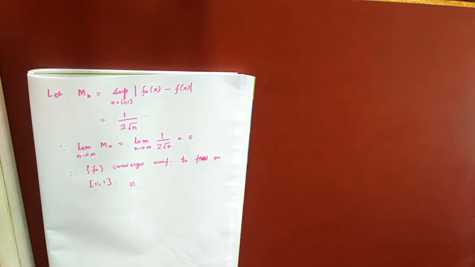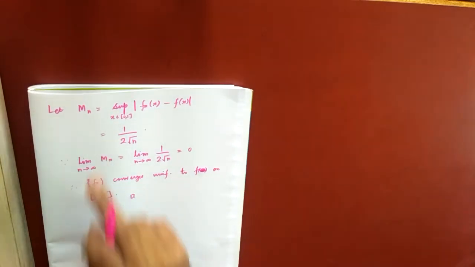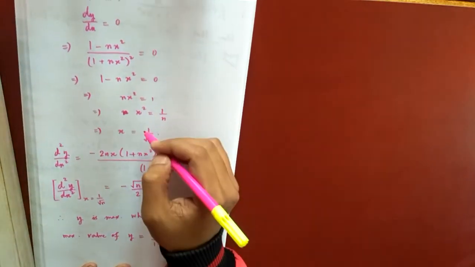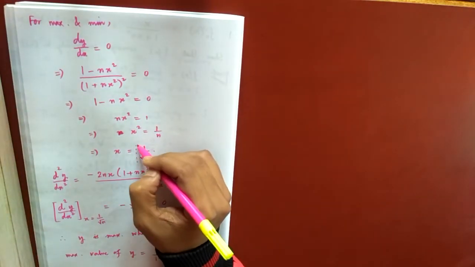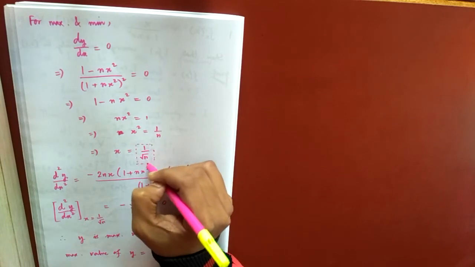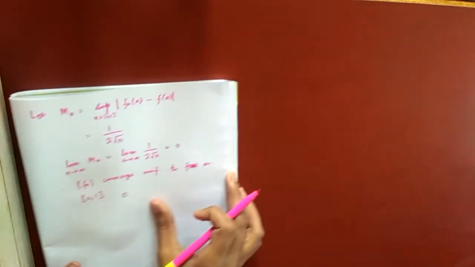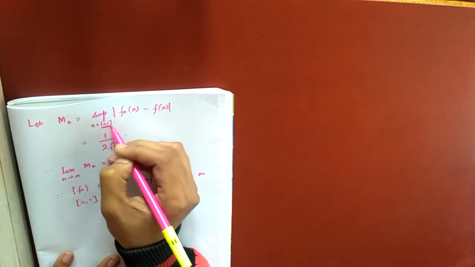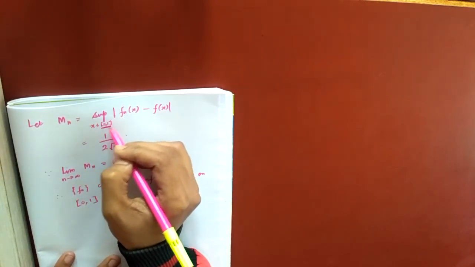Right? So this is the use of the M_n test. But remember one thing: the maximum value is achieved at 1 by root n, and this should belong to the interval. This 1 by root n is a number between 0 and 1, so that x will belong here.